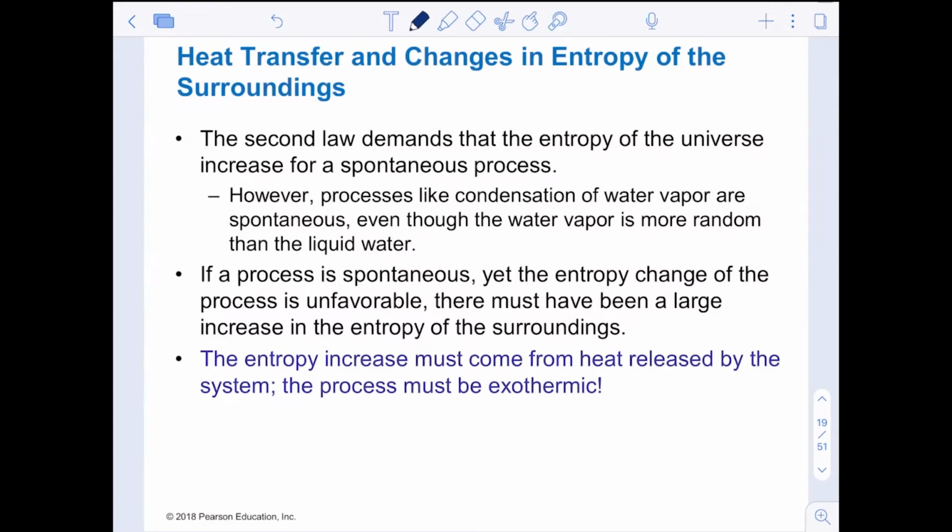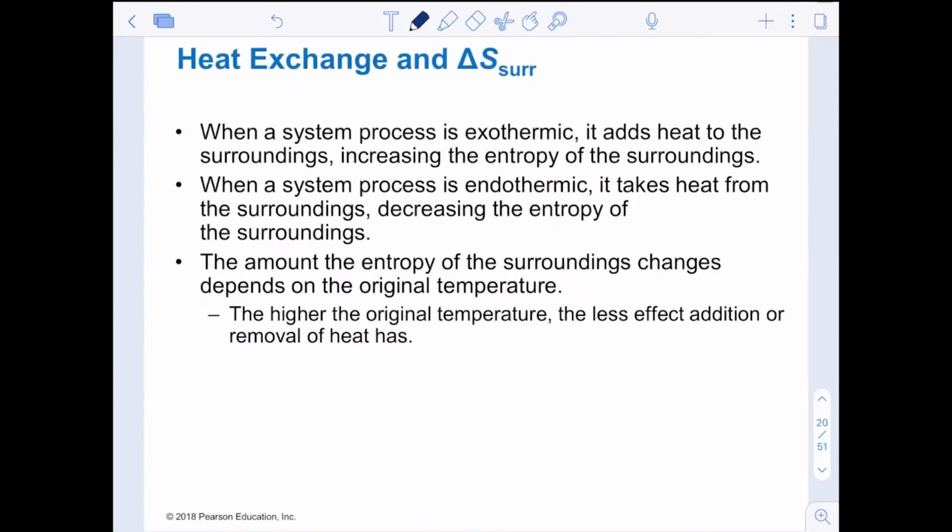So the process must be exothermic. This link is going to be very important, where our delta H is going to be linked with delta S of the surroundings. So a process that is exothermic is going to add heat to the surroundings, and that increases the entropy of the surroundings.